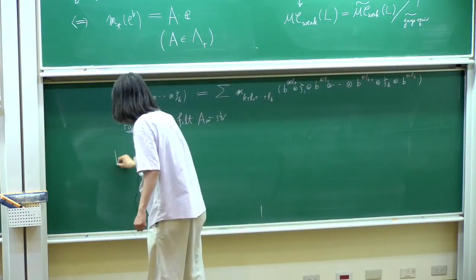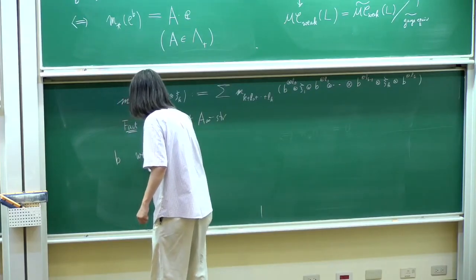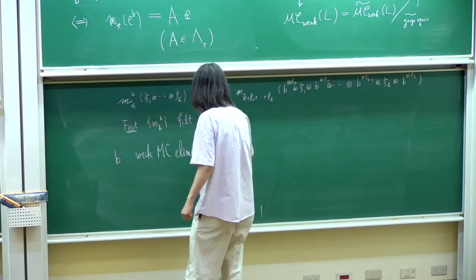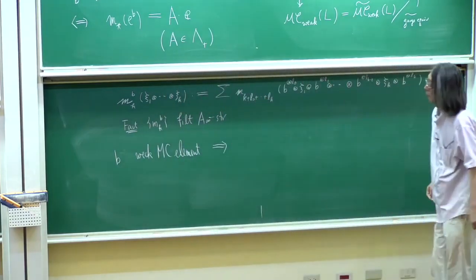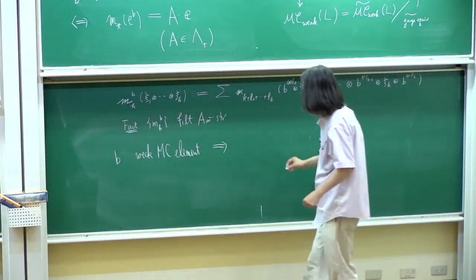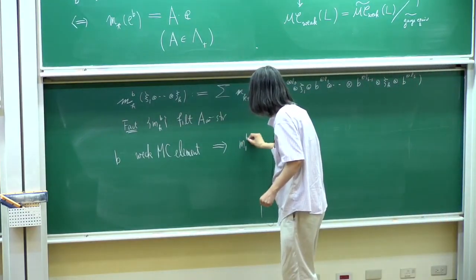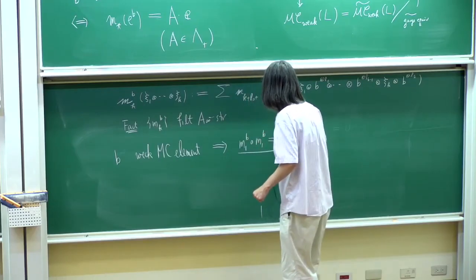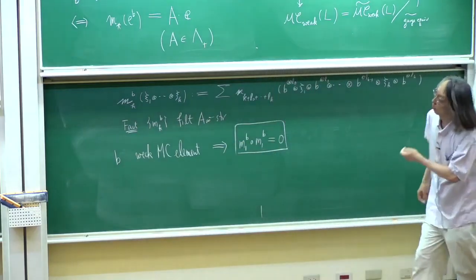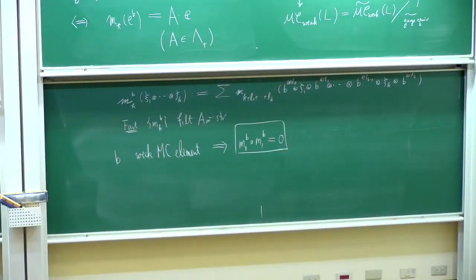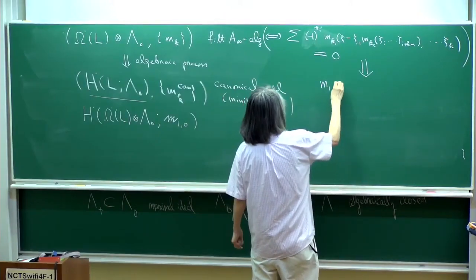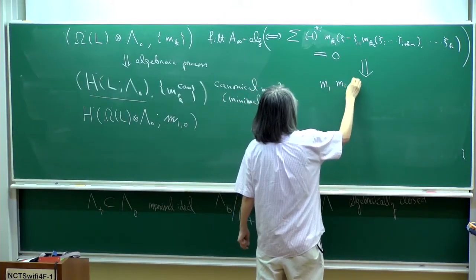But if B is a weak Maurer-Cartan element, then something good happens. That is, this M1^B squared is equal to 0. So why is such a thing true? This actually comes from here. I consider M1^B of psi.